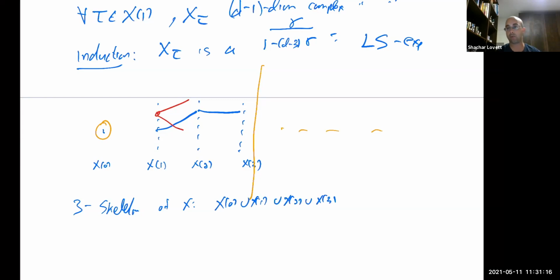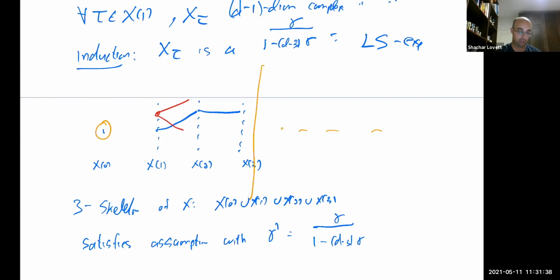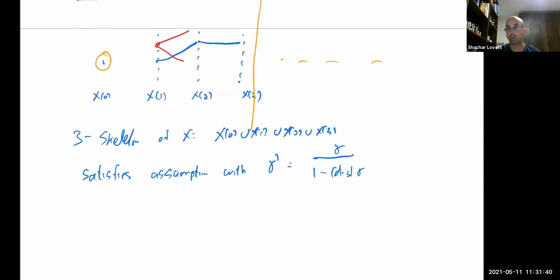It also satisfies the assumptions because all the links, the top level links, which are here just x1, they're expanders. So this satisfies the assumption, but not with gamma, but with this worse value of gamma. Let's call this maybe gamma prime, which is gamma over 1 minus d minus 3 gamma. So again, because we assume it's true for d equal to 3, we can again apply it here.